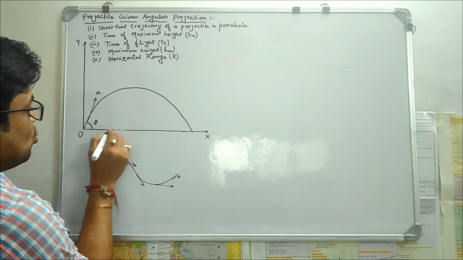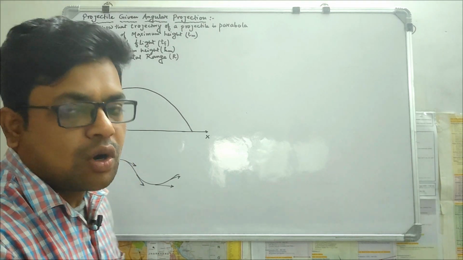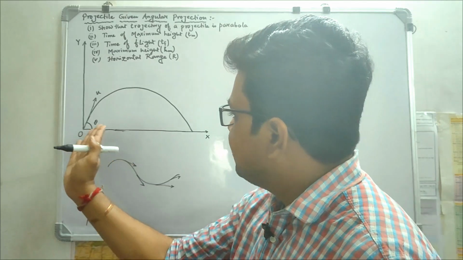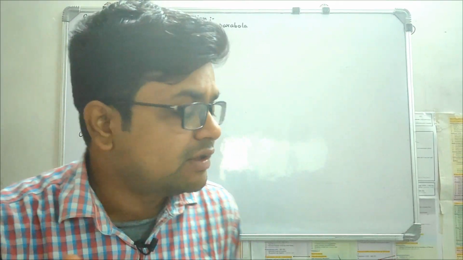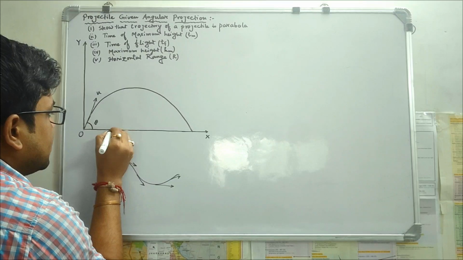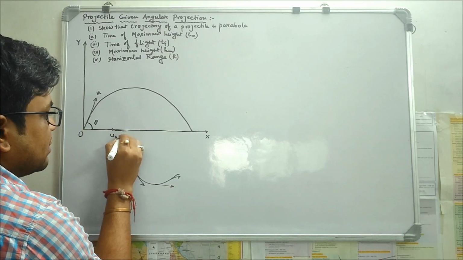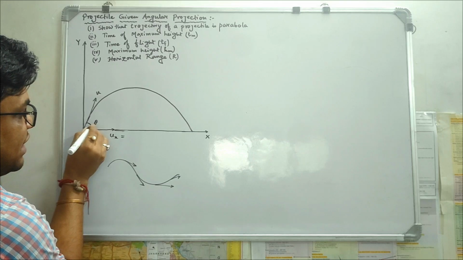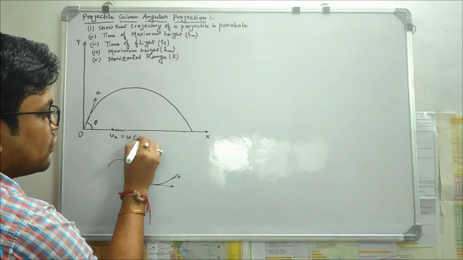Now, as there are two components, I am dividing u into two components. One is the horizontal component along the x-axis, another is the vertical component along the y-axis. One component I am taking as ux, and as theta is connected with the horizontal component, it will be u cos theta.